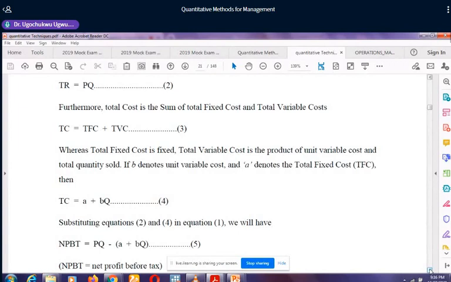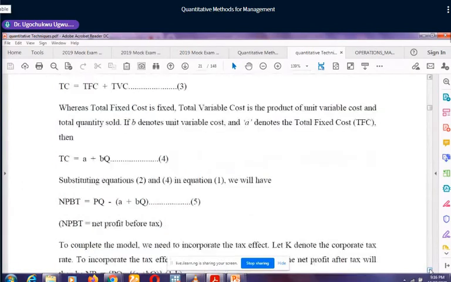But your variable cost, which is the unit variable cost, will now change as your Q, which is the quantity, changes. Okay?